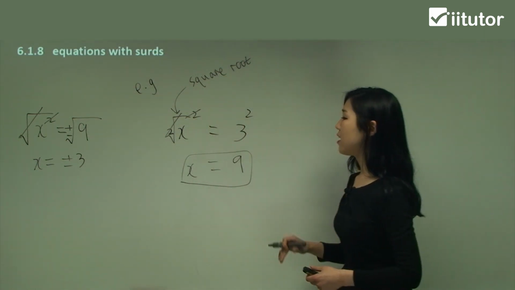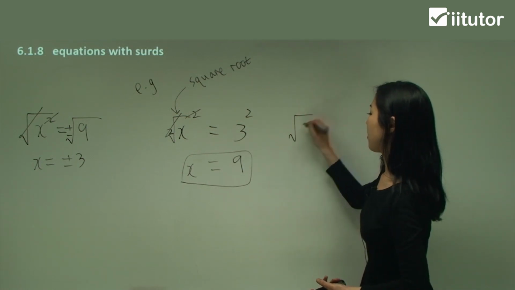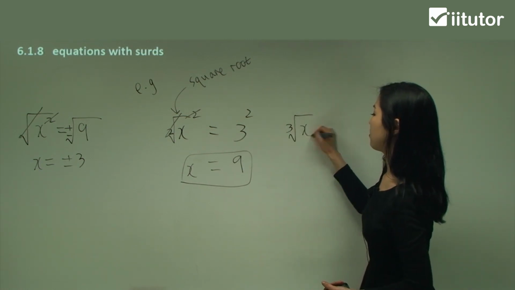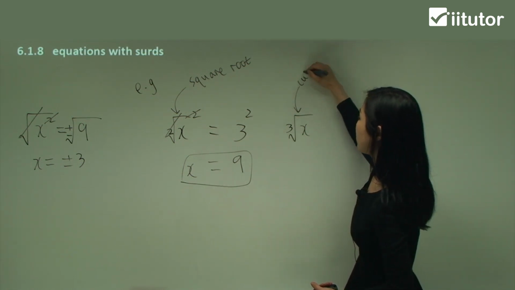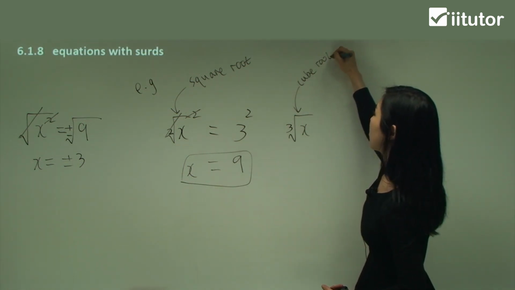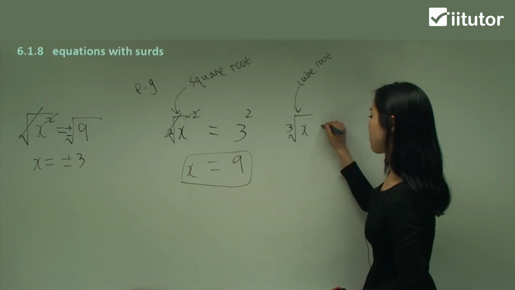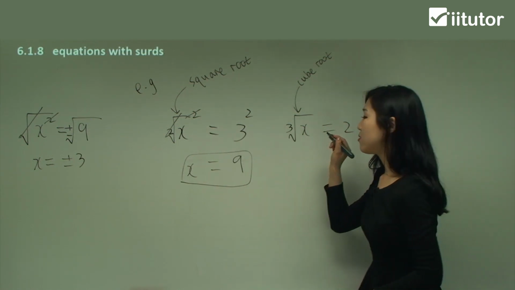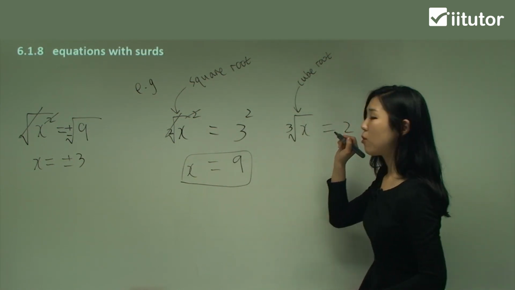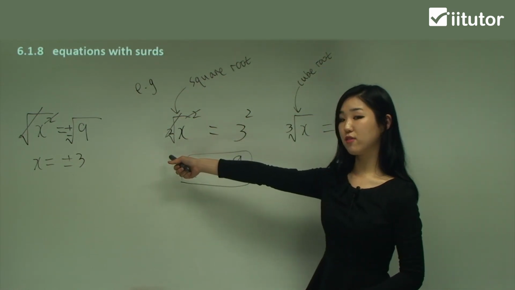Now another thing is sometimes you have cube roots. Sometimes you have something like this. This is called a cube root. You probably already know, but that's a cube root. Say for example it's equal to 2. When you see a cube root there, what would you do to both sides? You're not going to square it like you did here because it's not a square root.